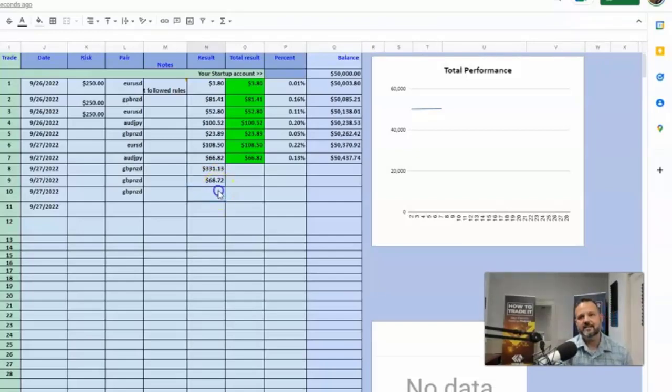And then lastly was a loser, my only loser on the day, minus 135.93. I could have held that out for a winner, but I just didn't want to do it because of the time, right? I have a limited amount of time I want to trade every day.